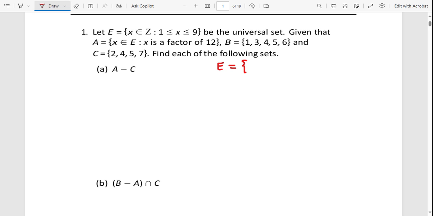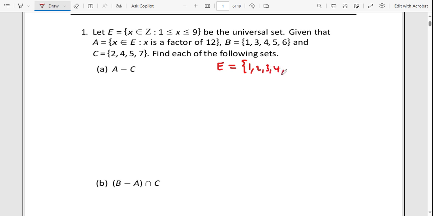You don't include decimals, you don't include fractions. But of course, a number like 2 can be written as a fraction and is still an integer. So integers between 1 and 9, we have 1, 2, 3, 4, 5, 6, 7, 8, and 9.